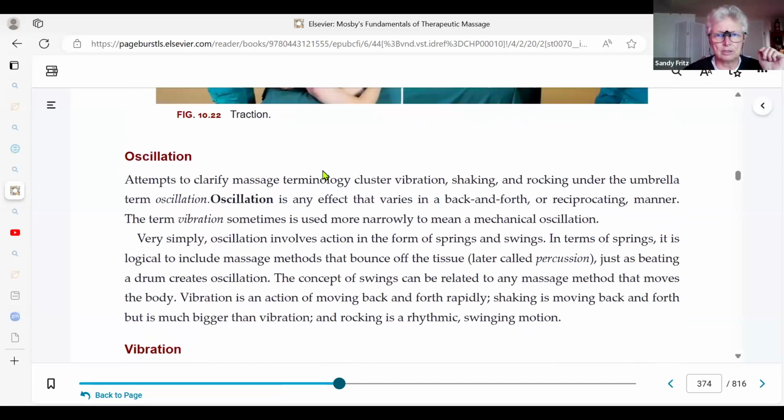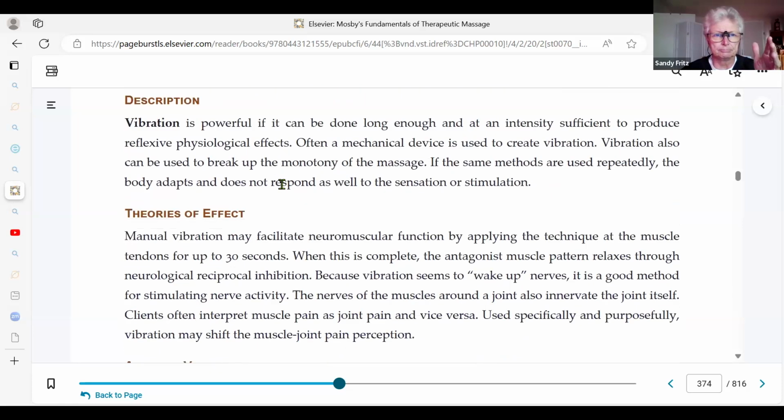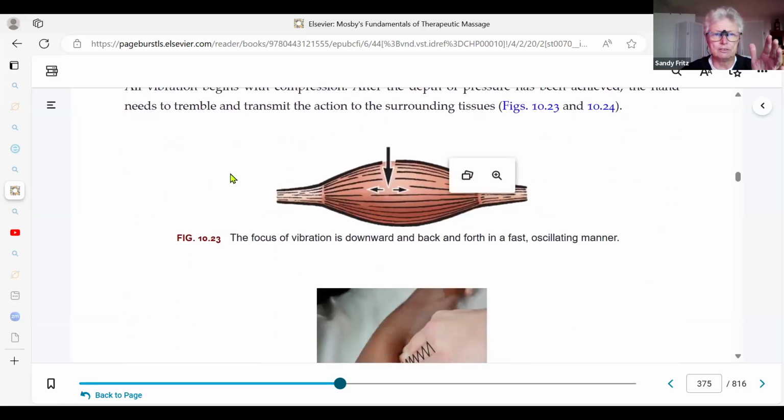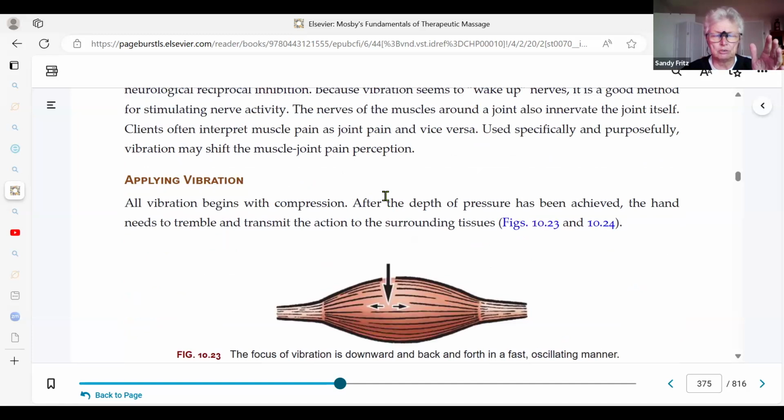Oscillation is a back and forth. Oscillation, shaking and rocking and vibration, and especially shaking and rocking, are excellent methods. They're underutilized, and they really stimulate nervous system responses. Vibration is really, really hard to do, and there are electronic devices that can do that.